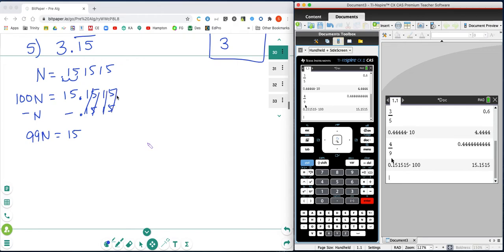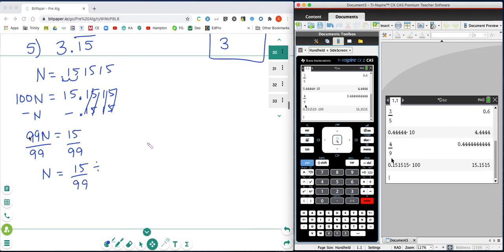Now I'm going to ask myself, what math operation is this? This is multiplying by 99. What's the opposite of multiplying by 99? Dividing by 99. Brother-sister rule says I'm going to do that on both sides. And I'm going to get n is equal to 15 over 99.